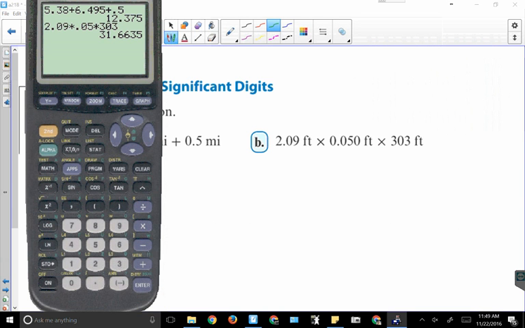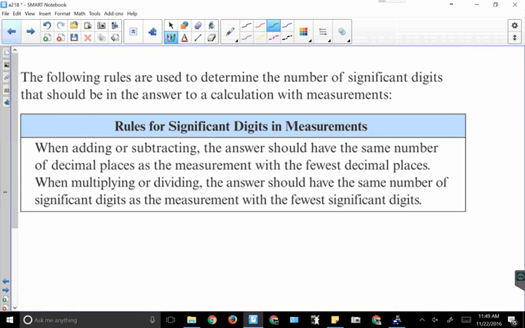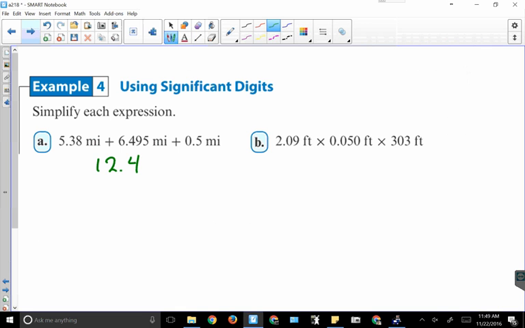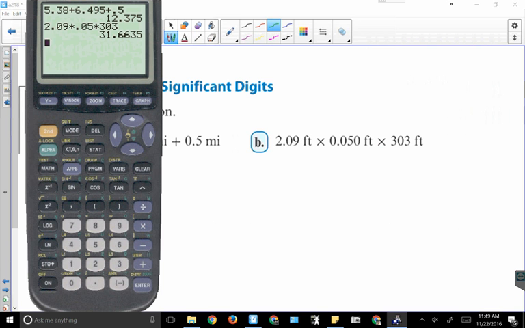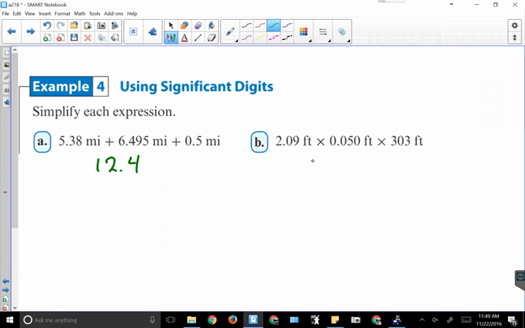Enter. So, it said the fewest, right? Fewest significant digits. Which one has the fewest significant digits? 209, 303, or 0.050? 303. So that means when I'm looking at this, this would actually be rounded to what? What should the answer be? 32.